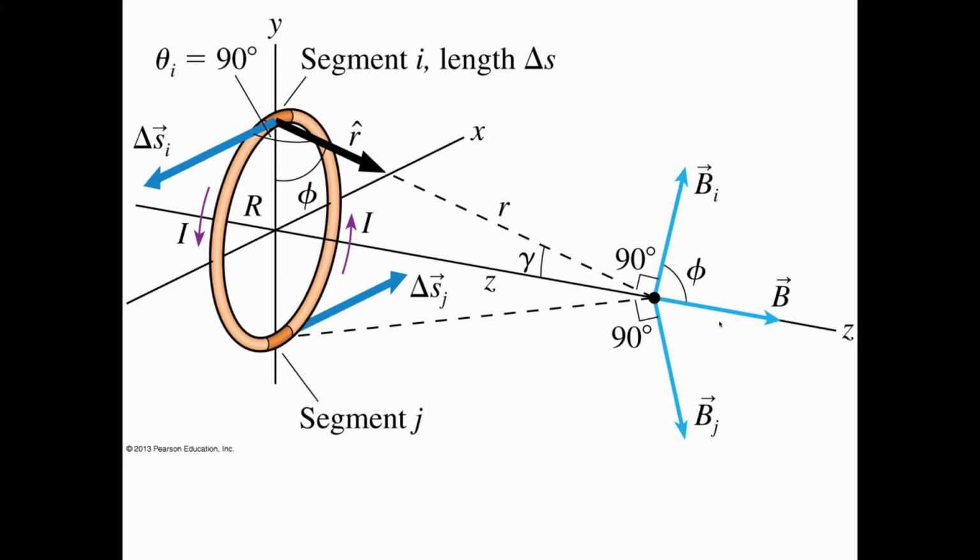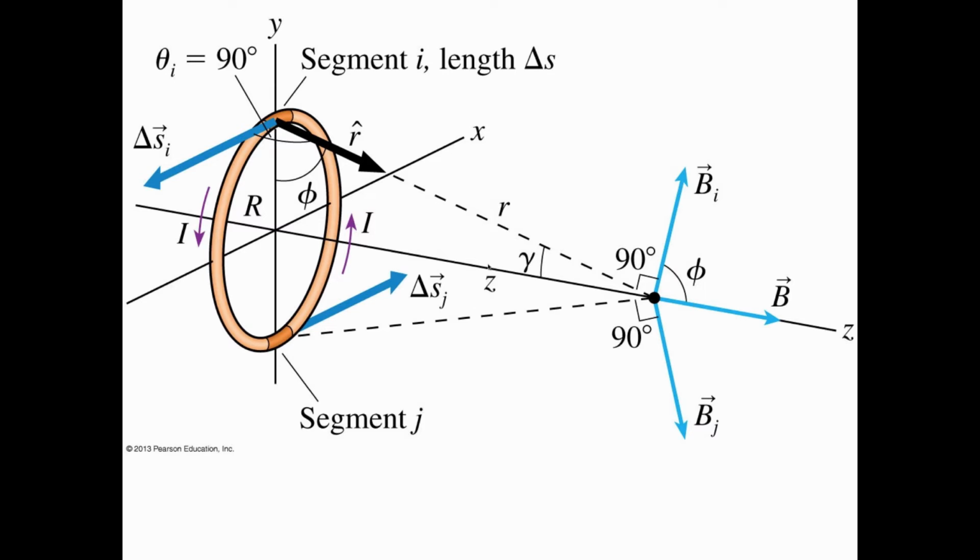We've got some angles to note. The angle here is in the XY plane for this part. The angle between the R hat vector and the magnetic field here is 90 degrees. Same for the J segment. The angle between the magnetic field due to the ith segment, the top of the loop, and the Z component of that is going to be this angle phi.